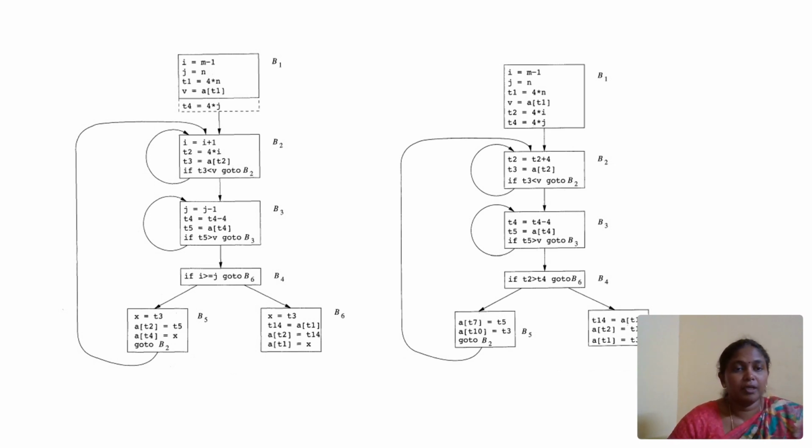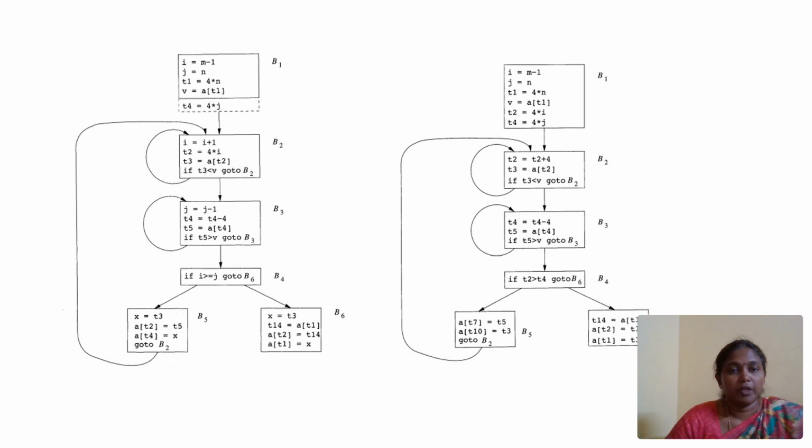When we compile a program, first the high-level language is compiled into an intermediate representation, and then this intermediate representation is converted into machine code. Before converting the intermediate representation into machine code, we need to optimize the code in order to improve the performance of the compiler and of the executable code.